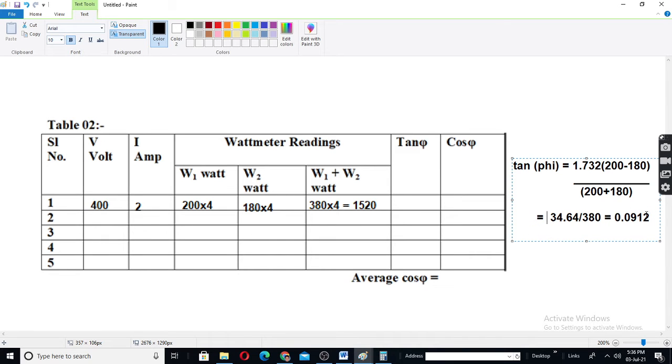Now, this is tan phi. What is phi? Phi will be equal to tan inverse of 0.0912.